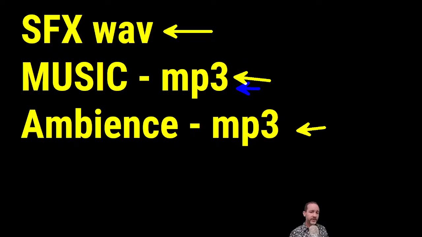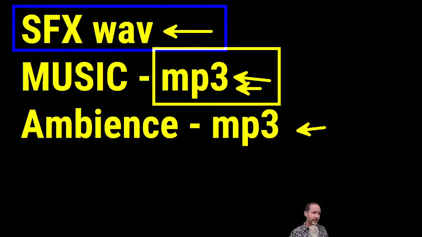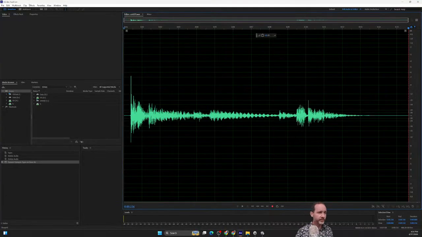With compressed formats you're asking the computer to do more work in order to store less information, which is okay for a longer thing because you're not hitting play as often. Here, you end up with a larger file that's easier to play back quickly. So these are typically quick, and these are typically long.